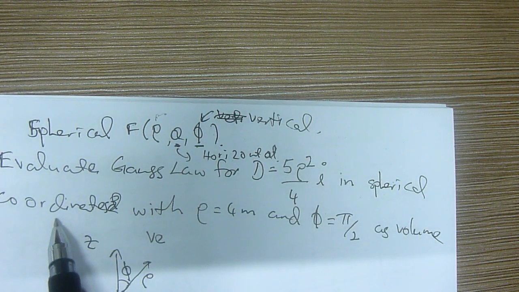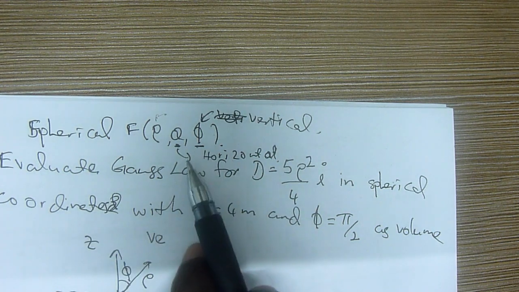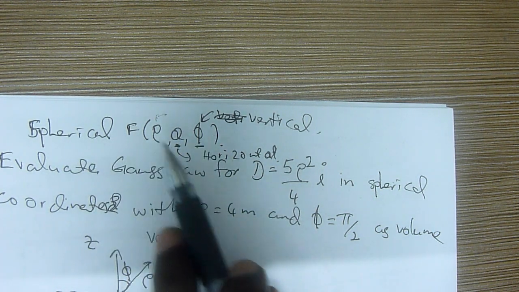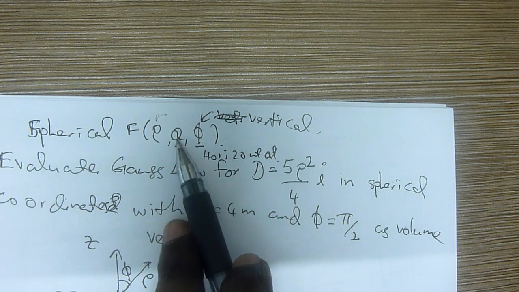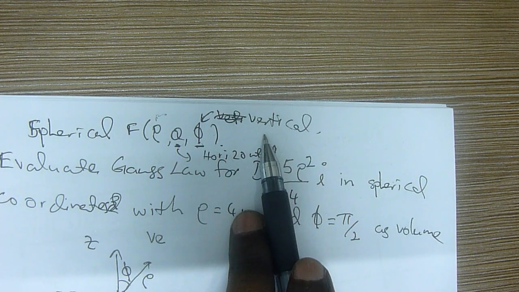Normally it is very rare in our questions that we ask about the spherical coordinate system, but anyway, I want you all to learn the skill. Okay, spherical coordinates, you need to carefully identify. In our system that I taught you, I fixed theta as horizontal and phi as vertical.